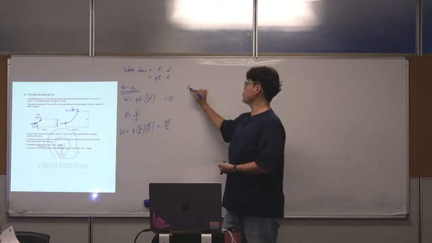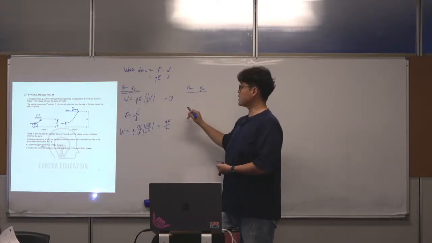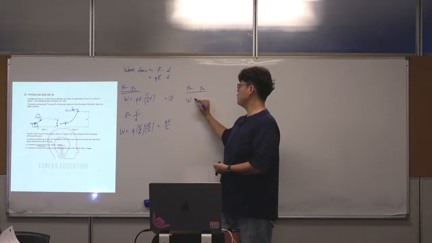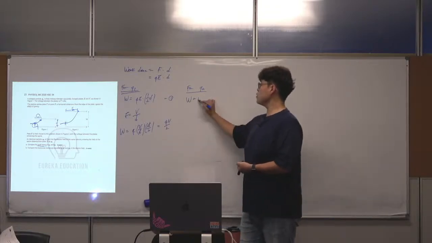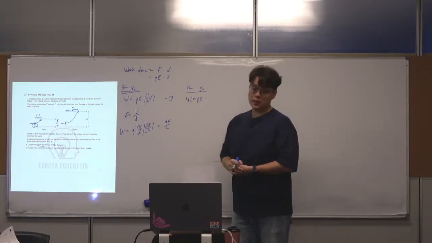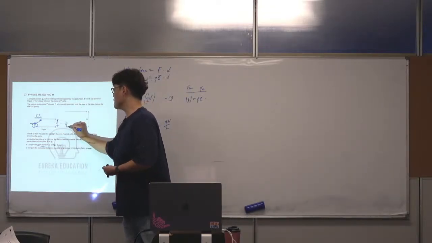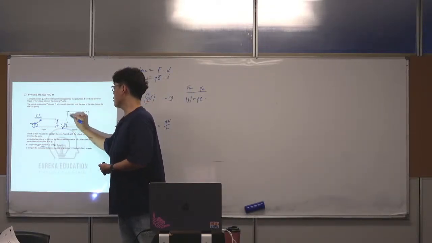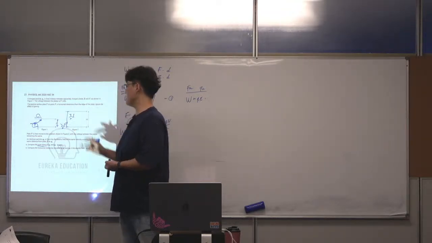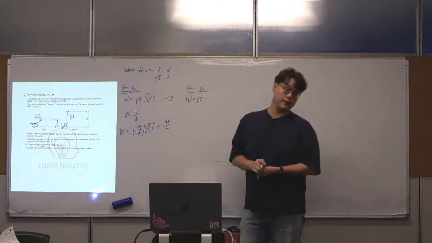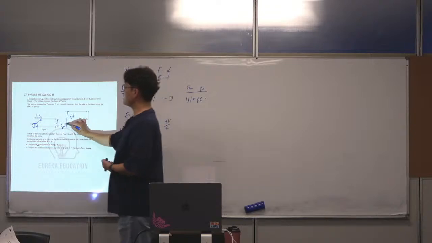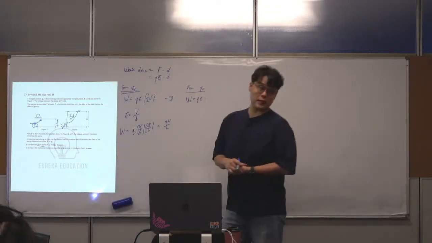For Q2, we do the exact same thing. The work done is the same as QE times the distance moved. Now think about how much it moves, because it's fired in here, at half D. The rest would be 3 on 2 D, from 2D minus half D. So it would move 3 on 2 D here.